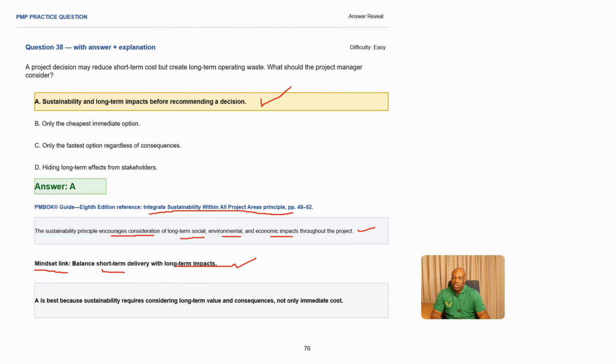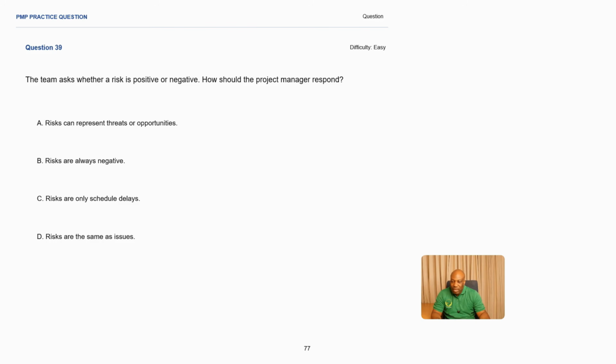In this particular scenario, the project decision has a short-term cost that is going to reduce, but in terms of long-term, there's going to be operational waste. So the best that the project manager should consider is sustainability and also long-term, making A the best answer, because sustainability requires consideration of long-term value and also consequences, and not only immediate cost.